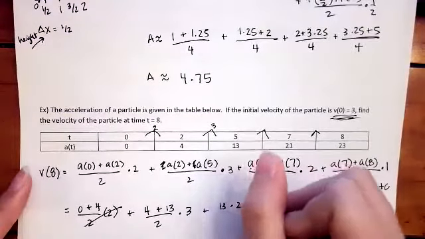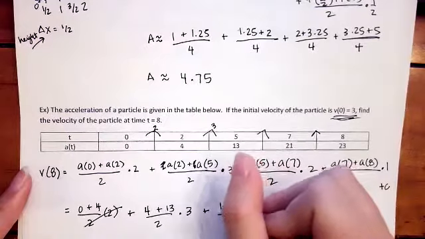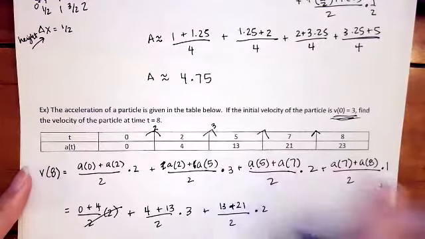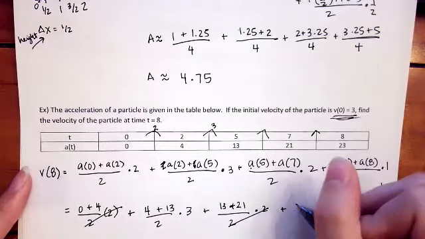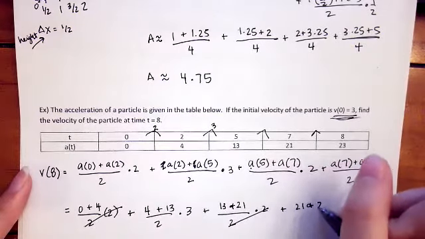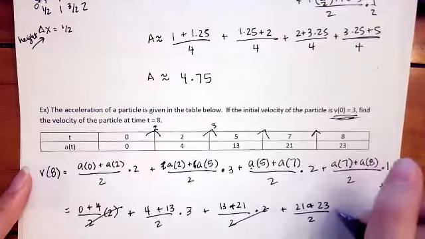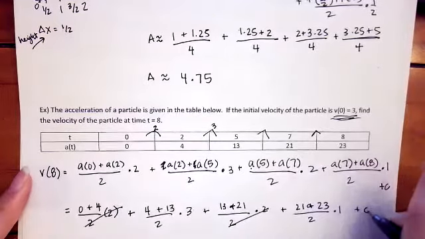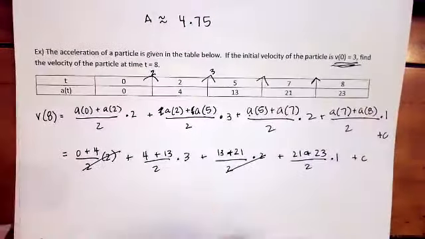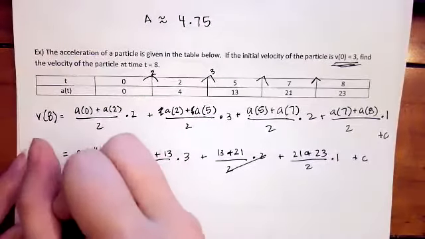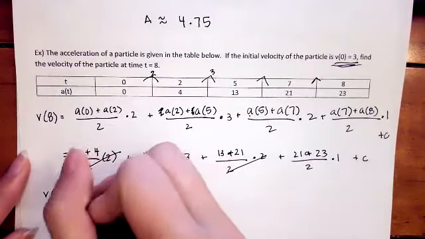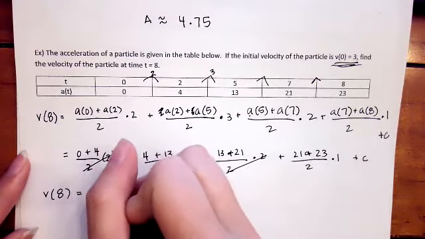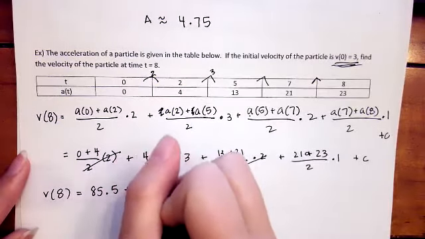Plus 21 over 2 times 2. 21 plus 23 over 2 times 1, and then plus c at the end. So we get the velocity, if we add all these parts out, is going to be 85.5 plus c.